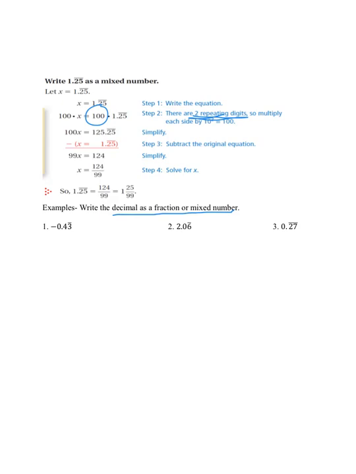So here I start off with x equals negative 0.43 repeating. So step 1 said, all right, well, technically step 2, multiply by a power of 10 of however many digits are repeating. Since only one digit is repeating, we're going to multiply both sides by 10.